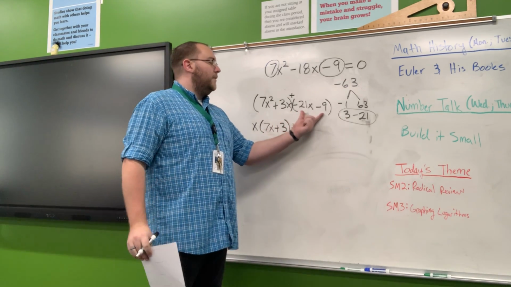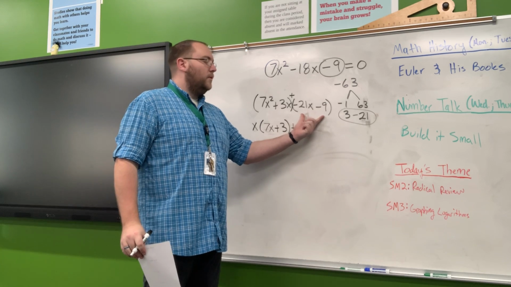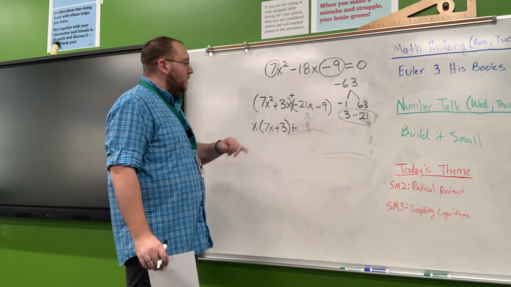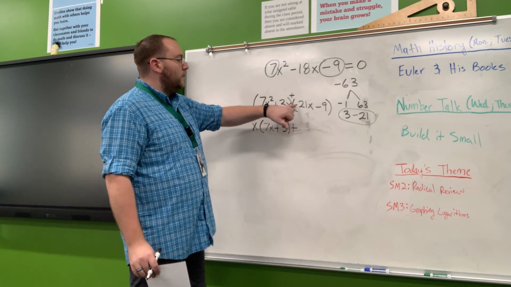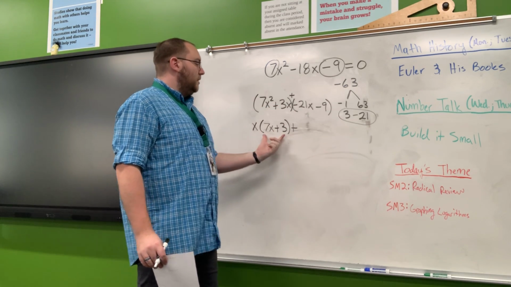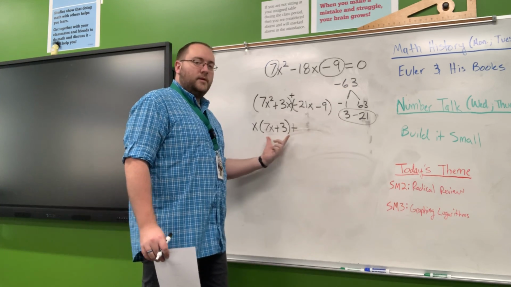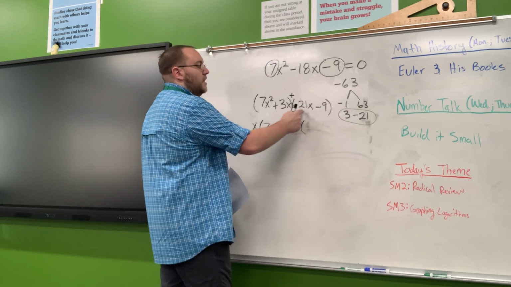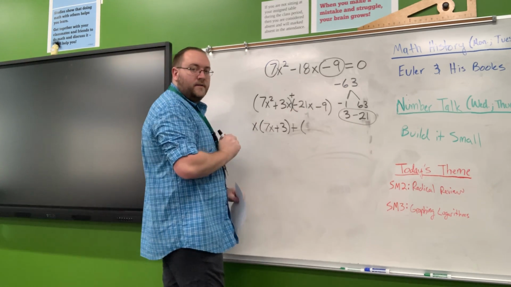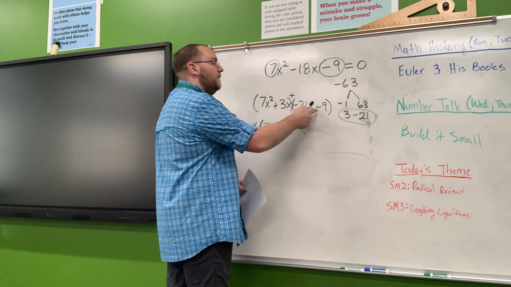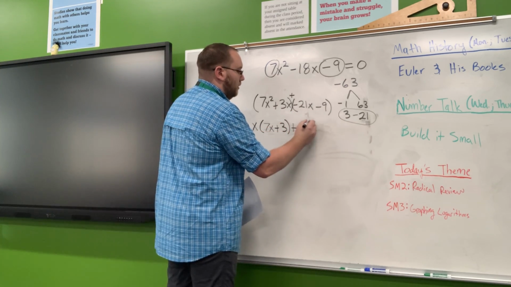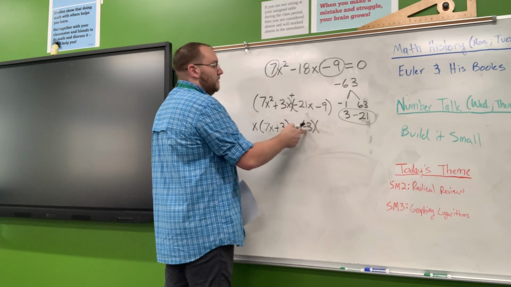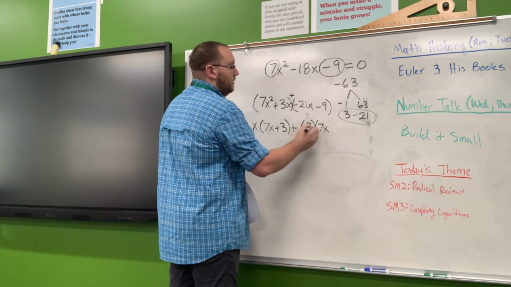Okay, now the greatest common factor of these 2 terms, of negative 21x and negative 9. Now this is a positive 7x, so we're going to want this to be positive, right? These two parentheses need to be equal. They need to be the same. So we're going to factor out a negative something. The greatest common factor, now there's not an x here with the negative 9, so we can't factor out an x. But we can factor out a negative 3. Negative 21x divided by negative 3 is positive 7x.